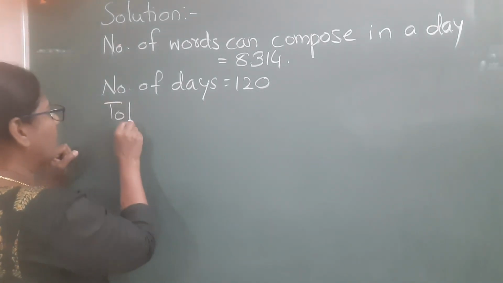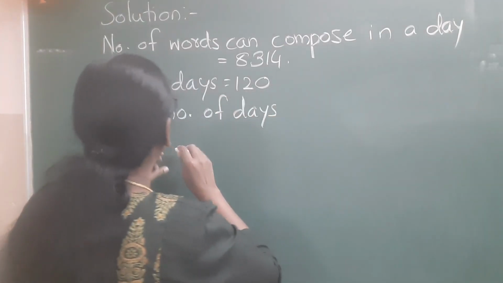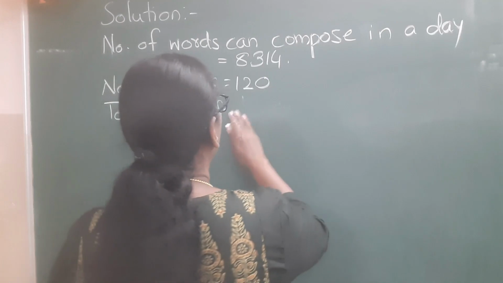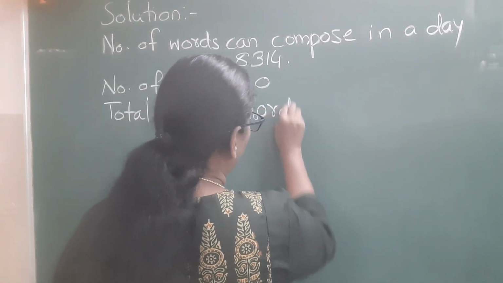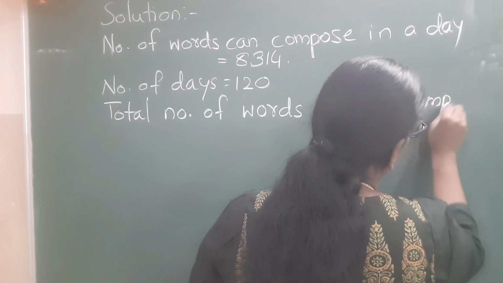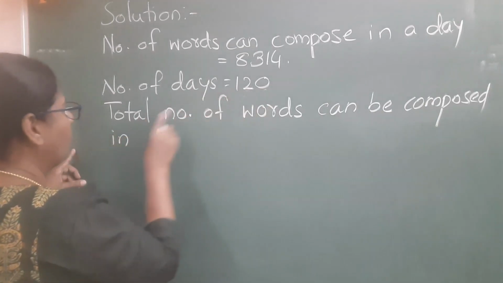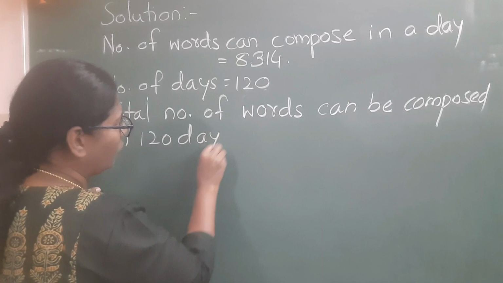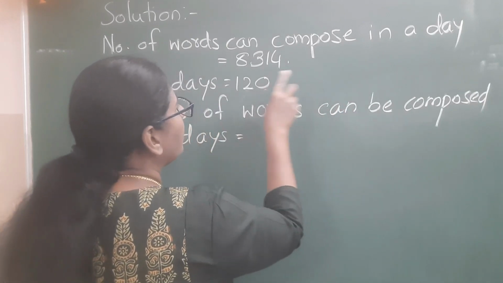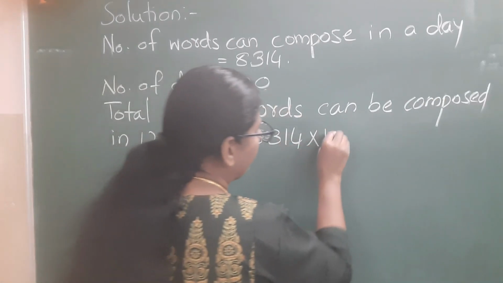So we write the statement: total number of words can be composed in 120 days is equal to number of words in one day, that is 8,314, into number of days, that is 120.